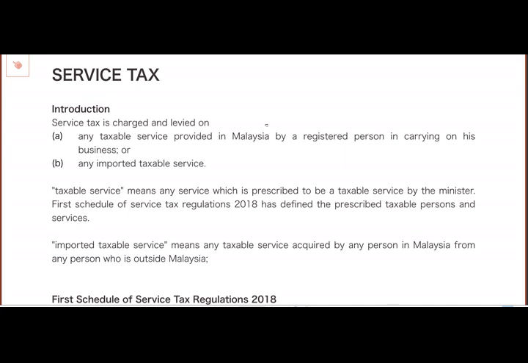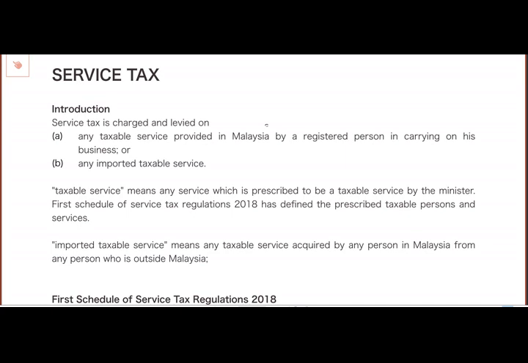Service tax is a much smaller scope. They have to list it down. If your service is inside the list, then you will have to charge 6%. If it's not, you don't. Alright? Now, how do you define whether you are in or not? This is what the law tells us.